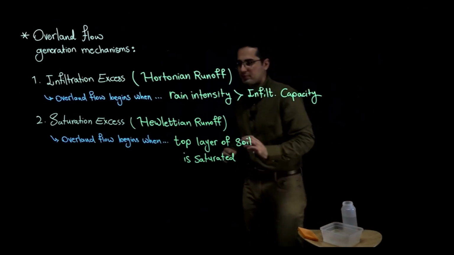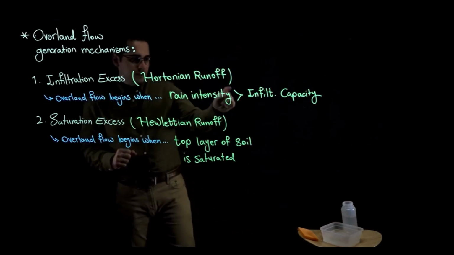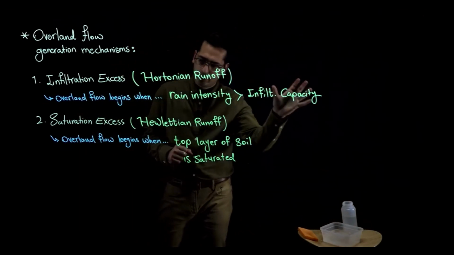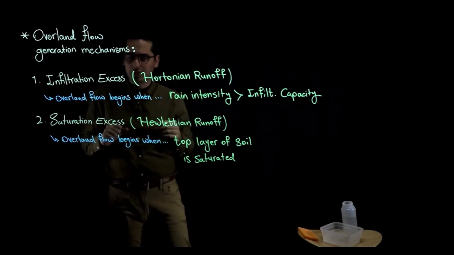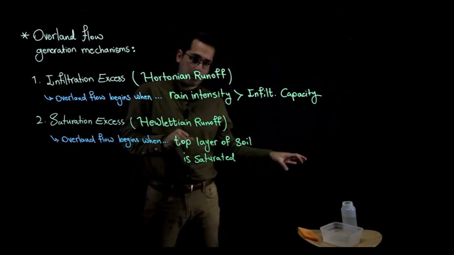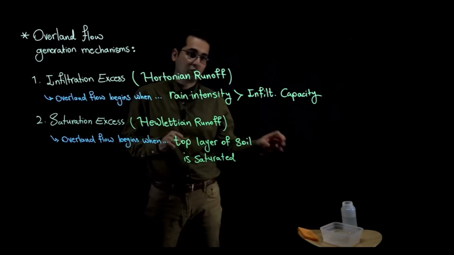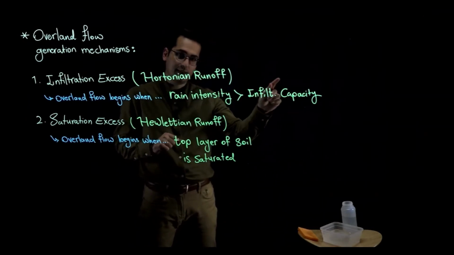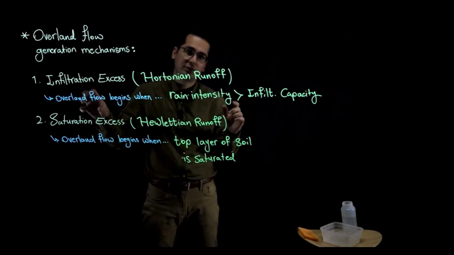Now, let's think about it. When rainfall intensity is larger than infiltration capacity, you will have overland flow. When the rate of application of water on top of the sponge was less than infiltration capacity, no overland flow was generated.